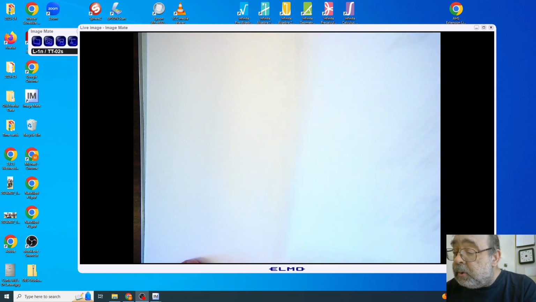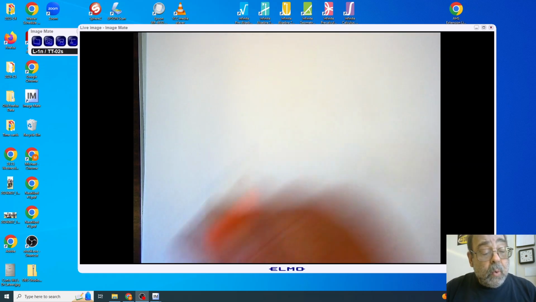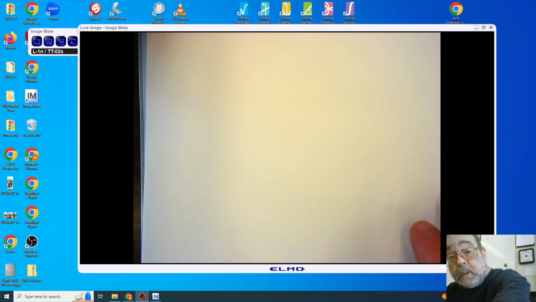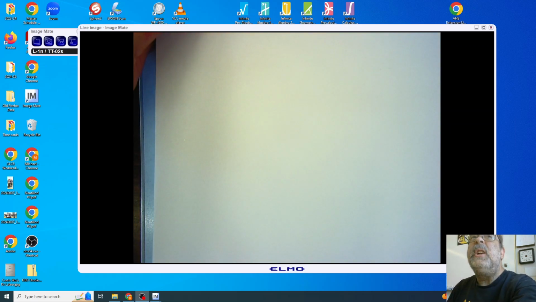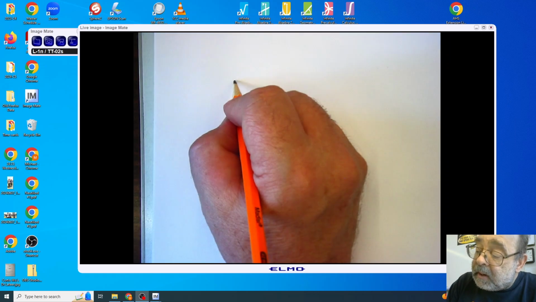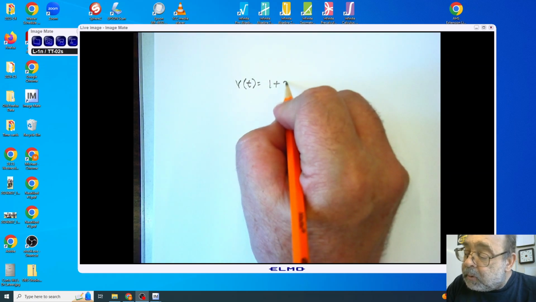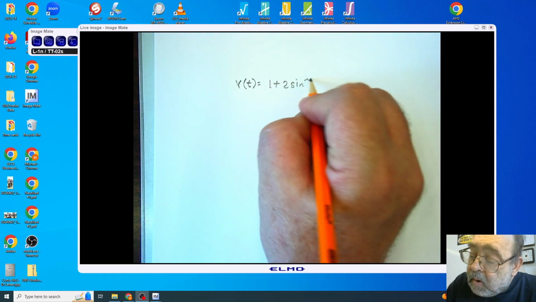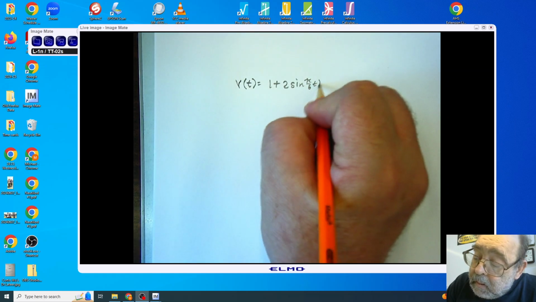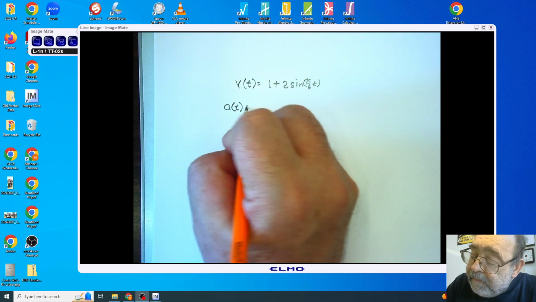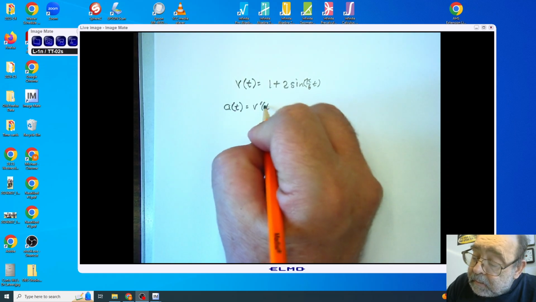We're now going to go to question number 3, and question number 3 was asking, find the acceleration. Now we know that acceleration is the derivative of velocity. So if my velocity is given as 1 plus 2 sine of pi over 6t, I'm going to find a of t by finding v prime of t.